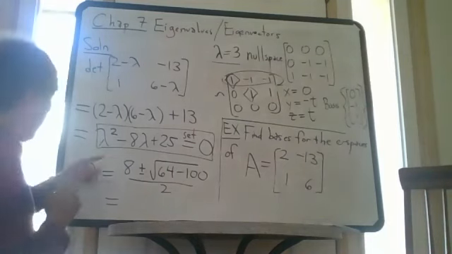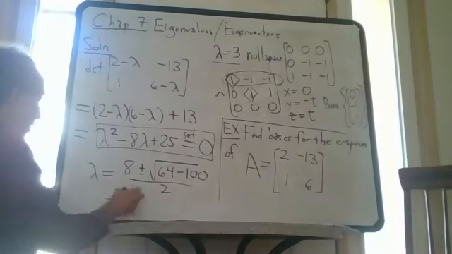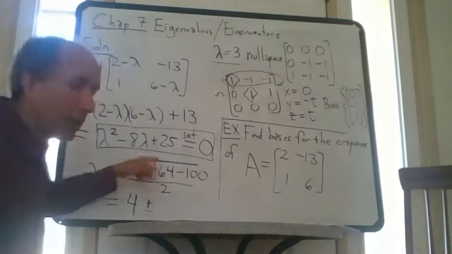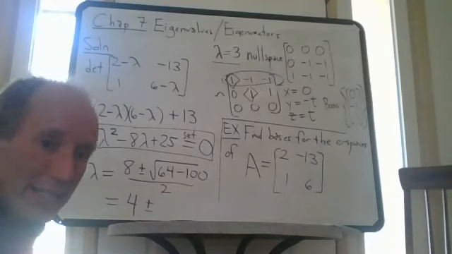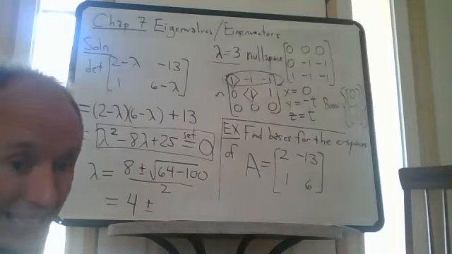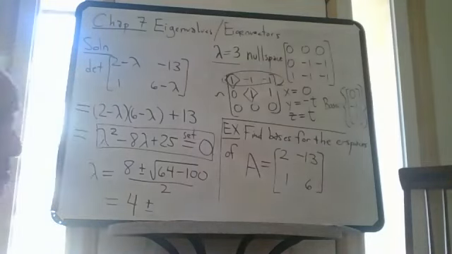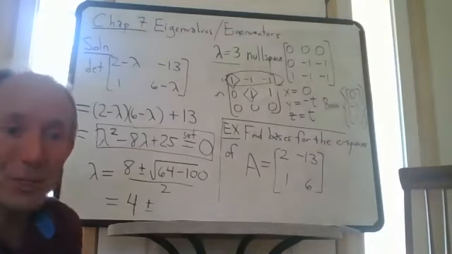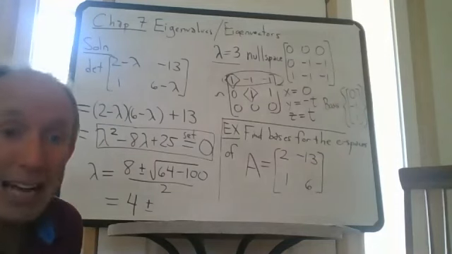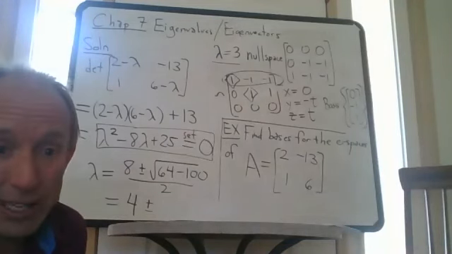And 8 divided by 2 is 4. And here we see something interesting happening with this radical. 64 minus 100 is negative 36. The square root of negative 36, okay, it's the square root of a negative number, right? Means we have to use the imaginary i to handle this.